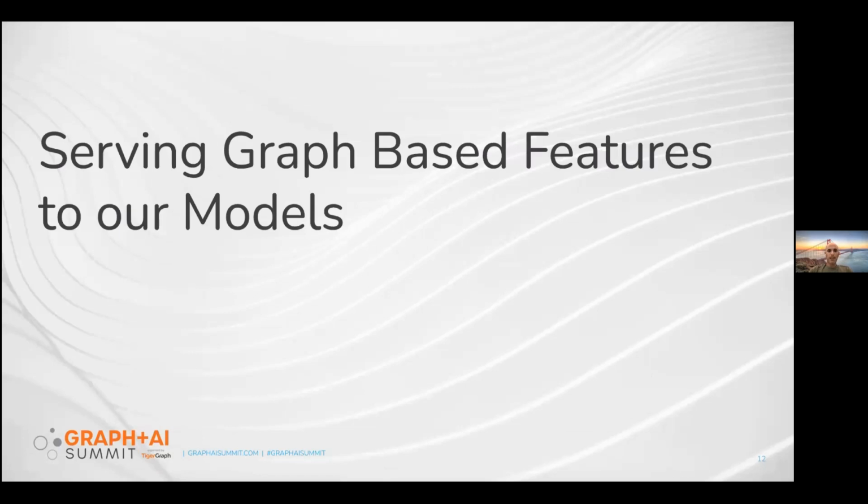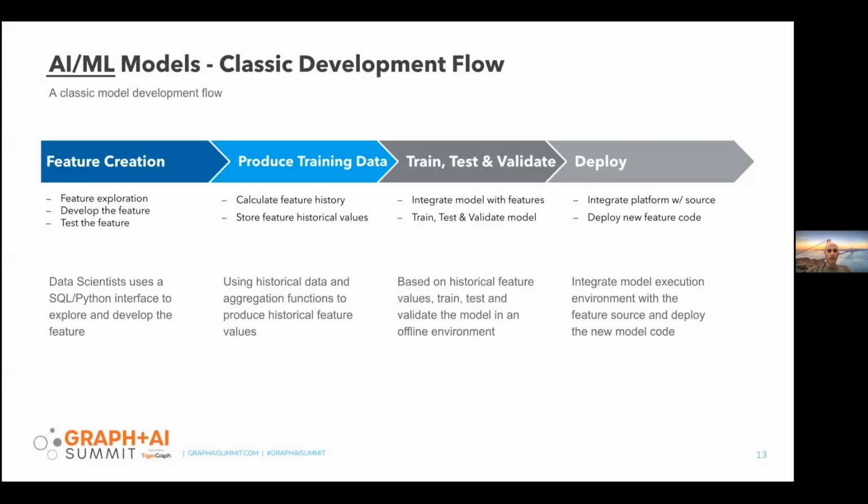So after setting the right context, let's dive into the main challenges mentioned earlier and how we came up with the solution for these challenges. This is what I describe as a classic model development flow. At the beginning, a data scientist will explore features and develop them. On a classic model, he will do that using Python or SQL to query a relational database.